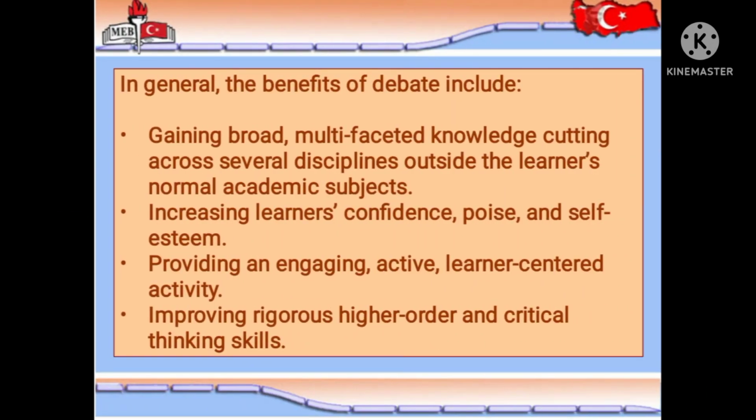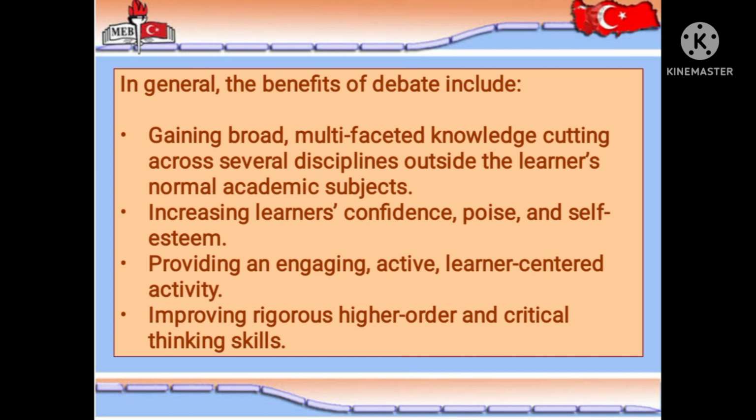In general, the benefits of debate include: first, gaining broad, multifaceted knowledge cutting across several disciplines outside the learner's normal academic subjects. Second, increasing learners' confidence, poise, and self-esteem. Third, providing an engaging, active, learner-centered activity.